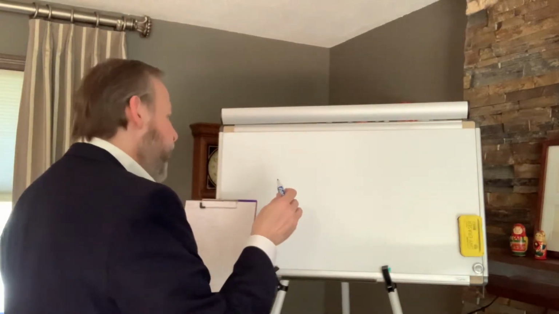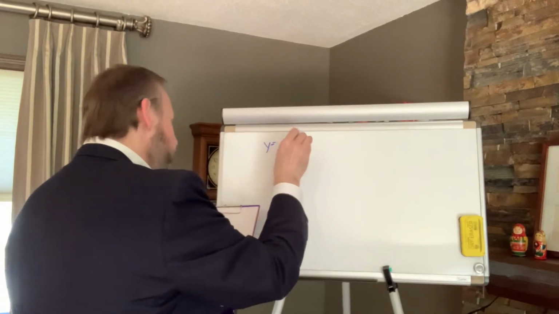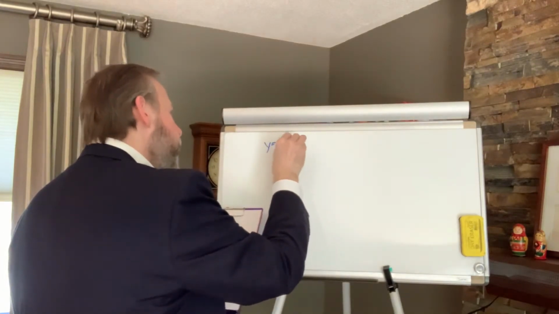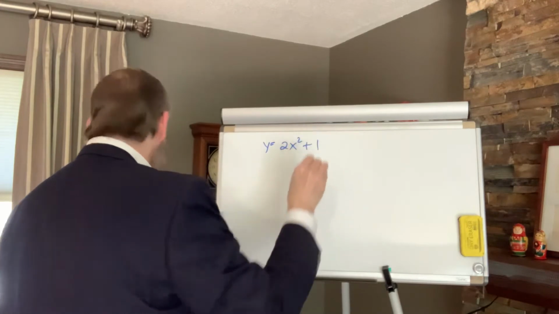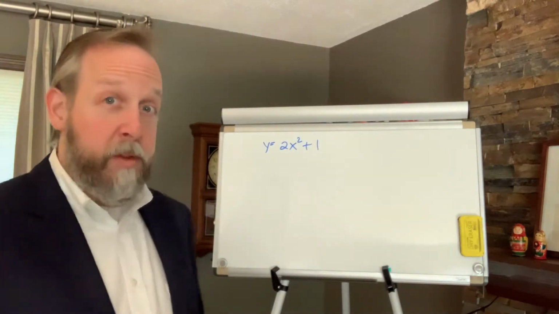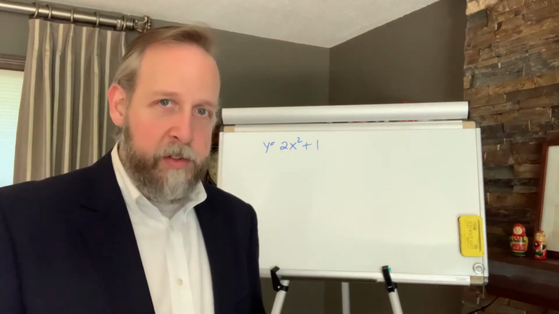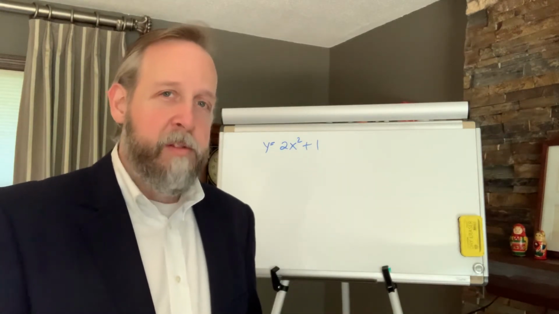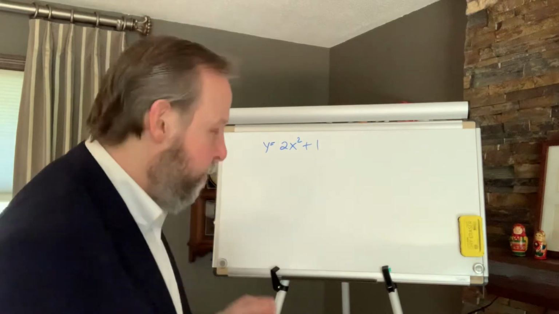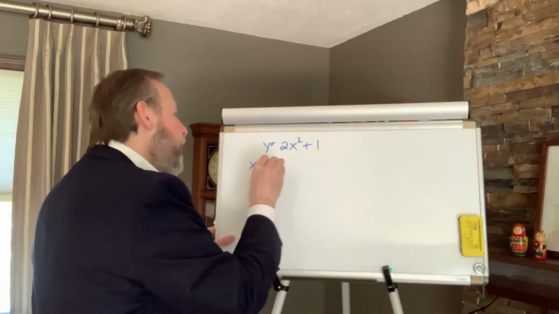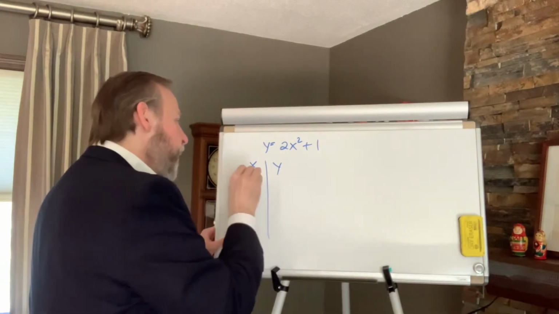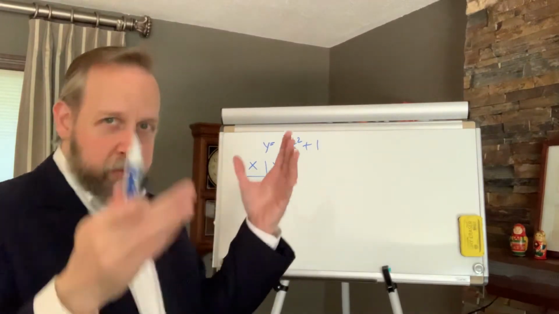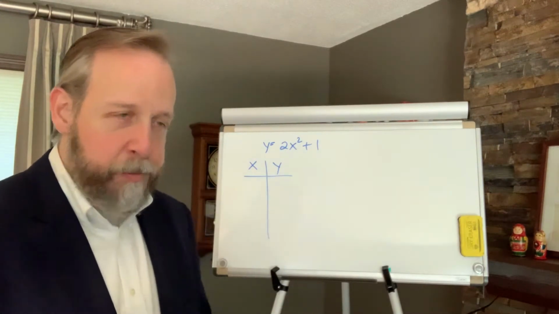So I'm going to give you an example, perhaps, of one that you might see. Let's say y equals 2x squared plus 1. All right, the order of operations is really important when you're trying to figure out the values in the t-table. We said we make a t-table. It's the x, y, little organization of coordinates.